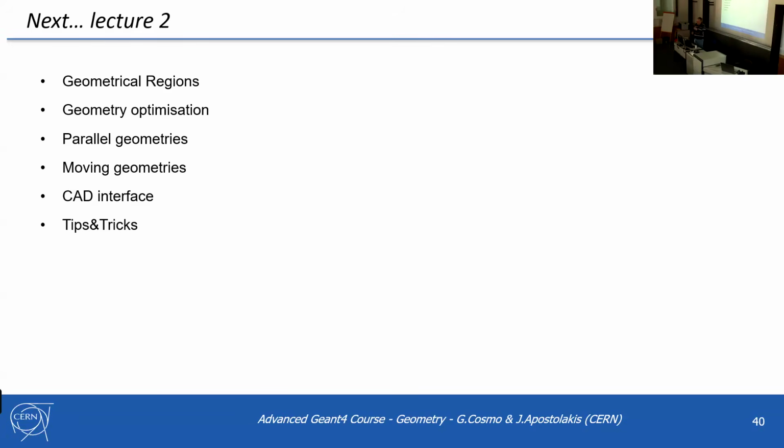How to specify geometry that can move, so when you have parts that move inside. We can see how to import CAD drawings, and the different ways to do that. And then finally, we will go through some tips and methods that will be useful for you to know, and also for implementing your geometry at its best. So that's it for today.